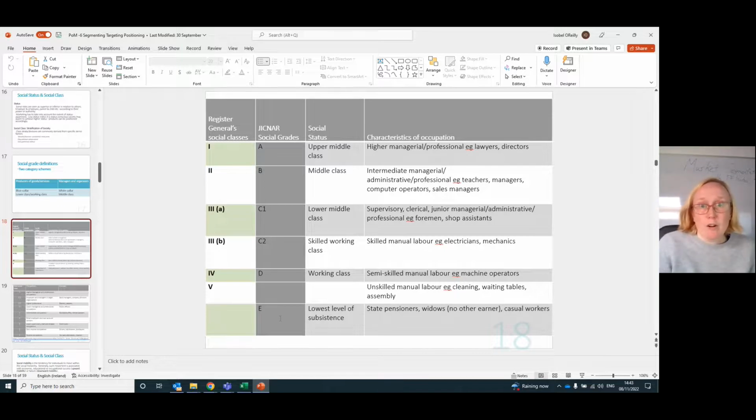Widows, where there's no other earner in the household, casual workers. By casual, it means not full time, so they're hourly basis workers. So again, all the jobs that we do or did to get us through college are typically in those lower levels.